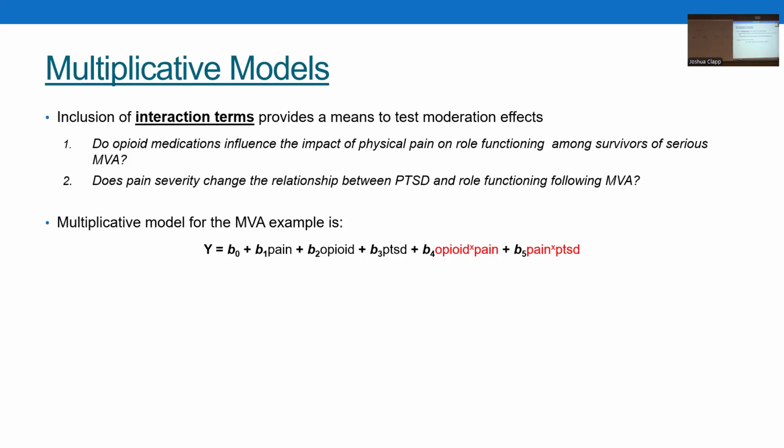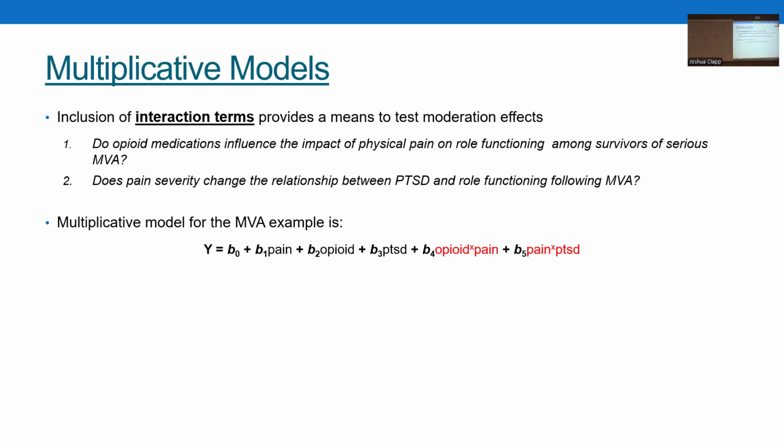I can make a pretty straightforward argument for that. If I'm on medications, then maybe that starts to decrease. If I'm not on medications, as my pain goes up, my functioning is going to go down. If I got good pain medication, that's useful, maybe this relationship starts to decrease.